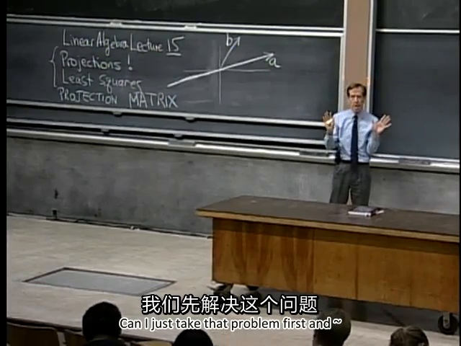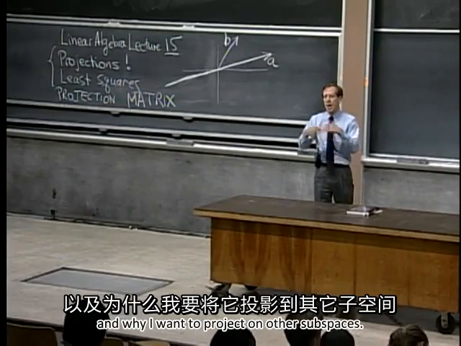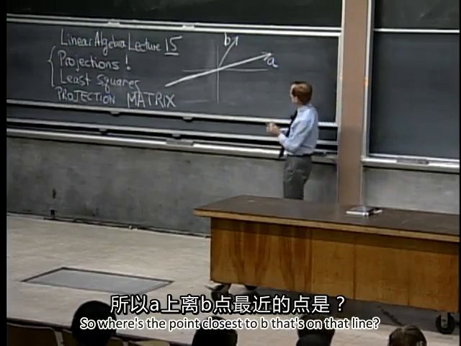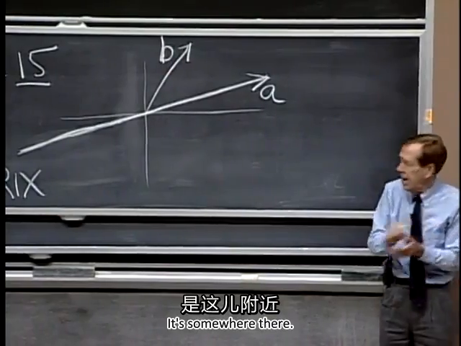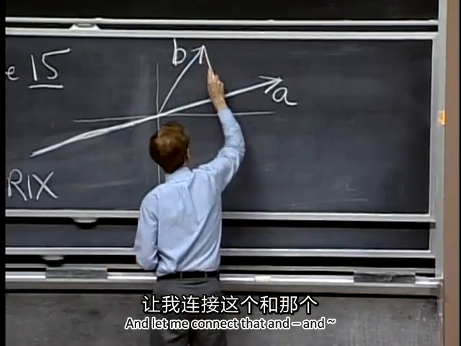Can I just take that problem first, and then I'll explain why I want to do it and why I want to project on other subspaces. So where's the point closest to B that's on that line? It's somewhere there. And let me connect that.